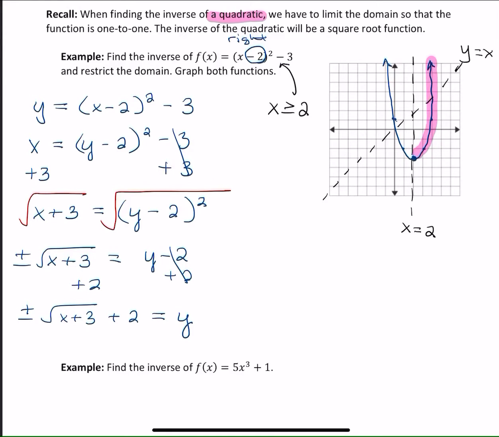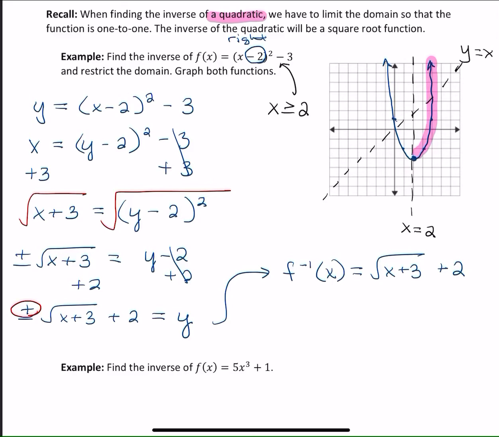Now, because I restricted my domain, I'm only using the positive value instead of the negative. So my inverse, f inverse of x, is going to equal the positive square root of x plus 3, plus 2. So if I graph that, that's going to be up 2 and then shifted to the left 3.